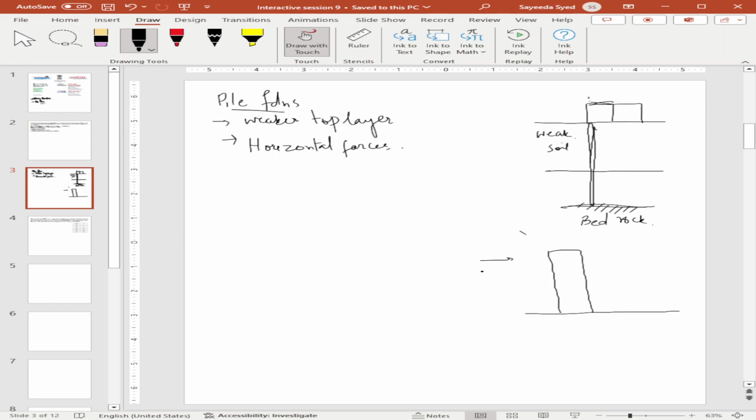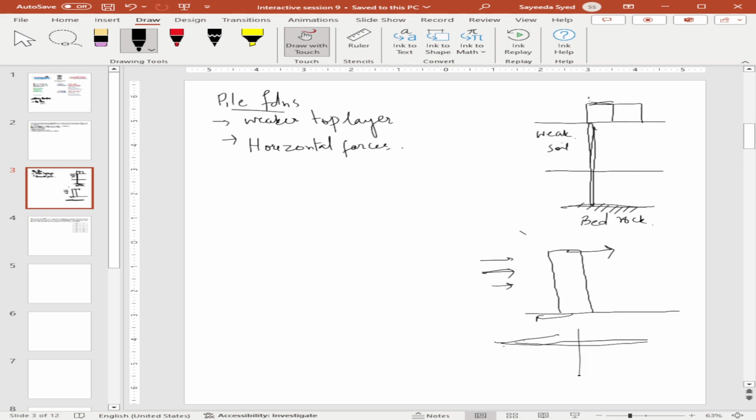Or it can be a structure like a bridge abutment which is constructed underwater, and there is high pressure due to water flow. There we may need pile foundations.